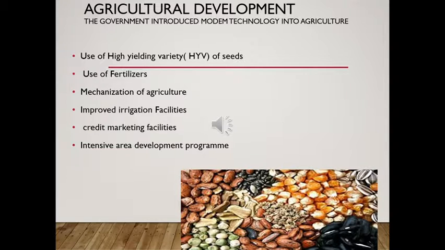This can be achieved in many ways, such as increasing of crop area, use of high yielding variety HYV seeds, use of fertilizers, mechanization of agriculture, and improved irrigation facilities.